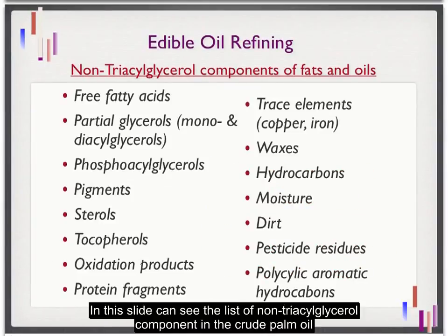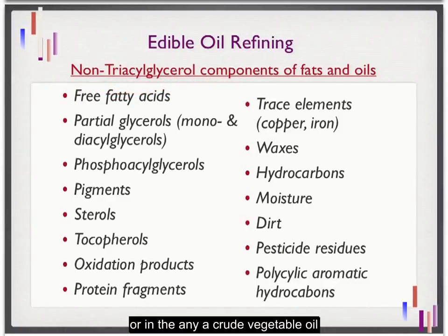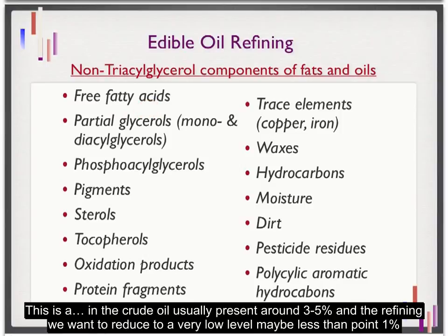In this slide you can see the list of non-triacylglycerol components in the crude palm oil or in any crude vegetable oil. So for example, we have free fatty acid or FFA. This is usually present in the crude oil at around 3 to 5%, and in the refining we want to reduce it to a very low level, maybe less than 0.1%.